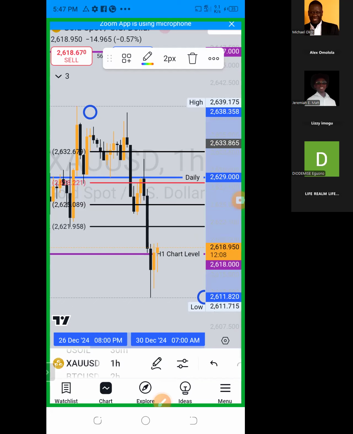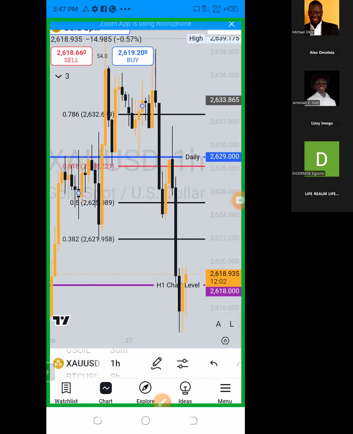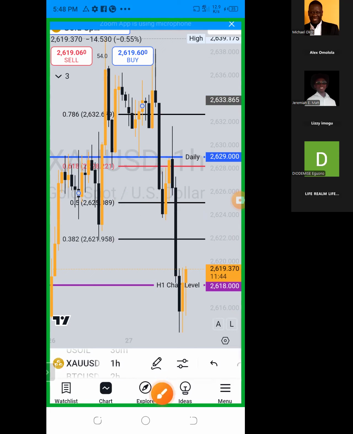You see the levels. These are the Fibonacci levels. 0.38 to 0.5, that is 50% retracement, 0.618, and then 0.786. There is also the 0.23. I don't normally put that because I don't use it in my trade.